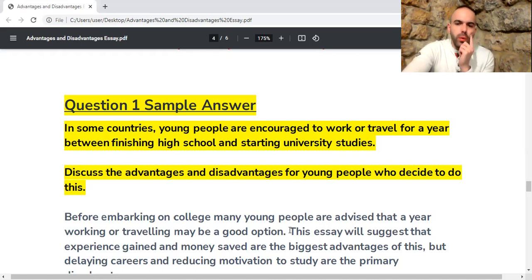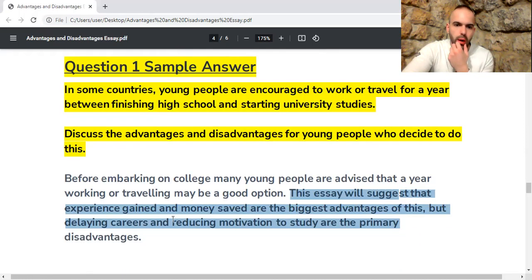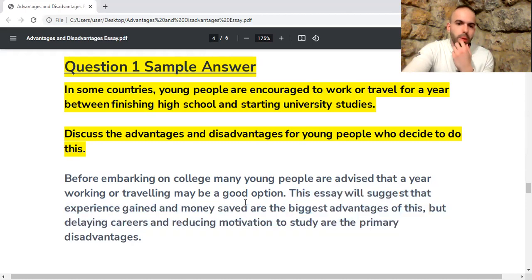Now we have the outline sentence, where we outline the main advantages or the main advantage and the main disadvantages or the main disadvantage. As you can see, I'm going to talk about experience gained and money saved as advantages, and delaying careers and reducing motivation as disadvantages. And you can even follow this way, by the way.